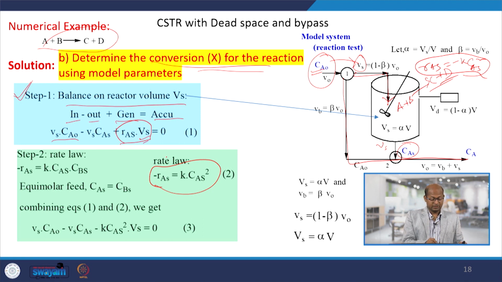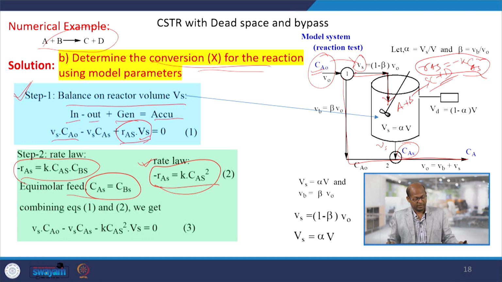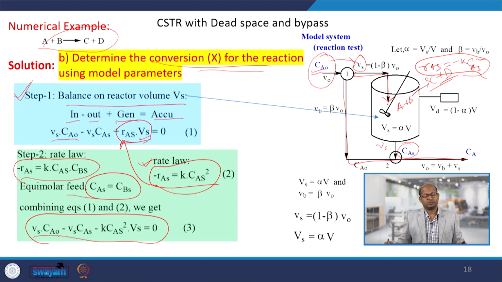So, this is the material balance, and then the rate law equals this, if an equivalent feed was there. So, we can write the rate law this way: minus r equals k into C square. Now we are substituting this here, and after substitution we can get equation 3. So, equation 3 we have developed.